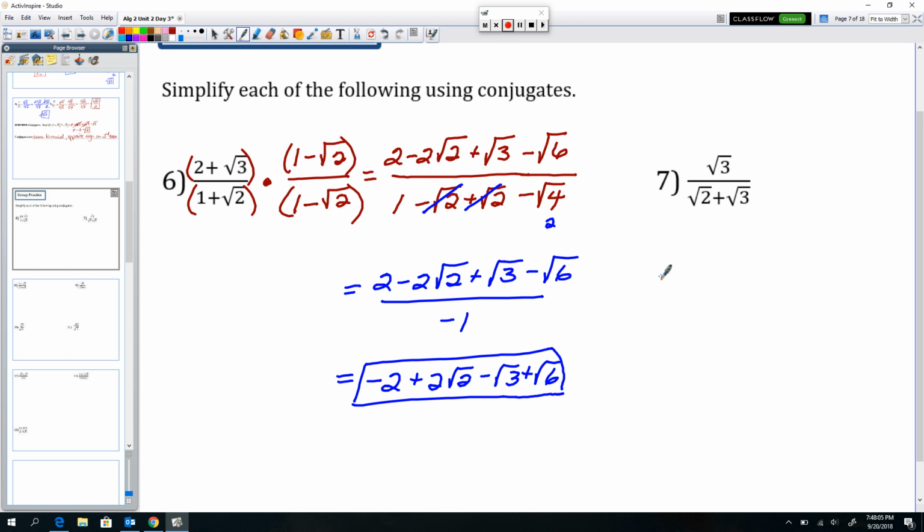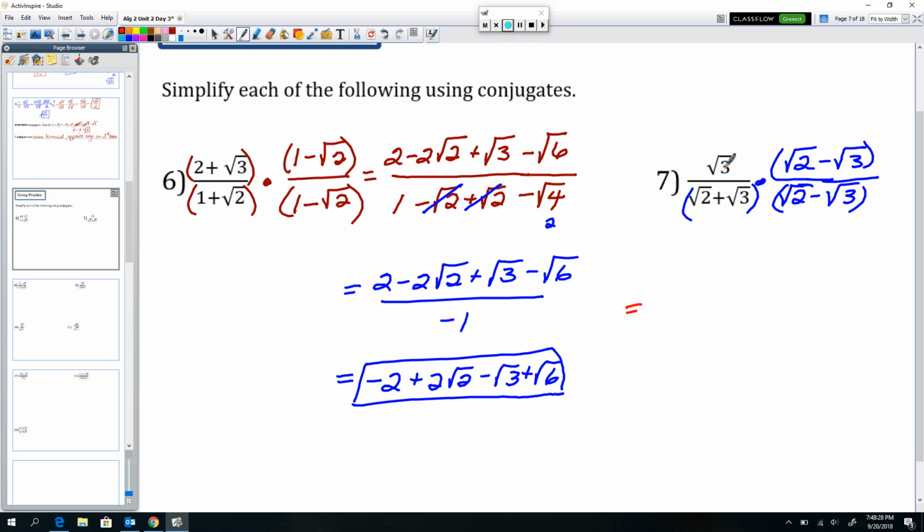For number 7, same thing happens. Switch the sign on the second term to make your conjugate. I highly recommend parentheses. And then we'll do the same thing to the top, and we'll see what happens. Now this time the top, you don't have to FOIL the top, so that's kind of nice. You just have to distribute.